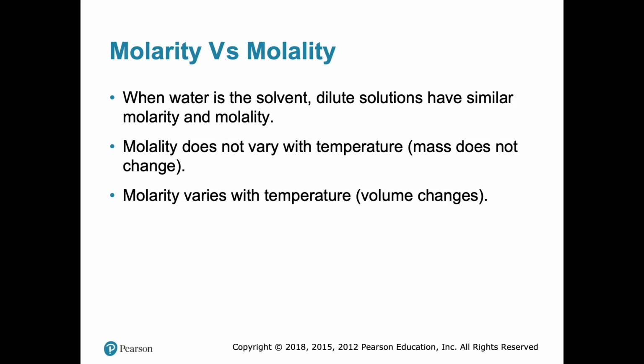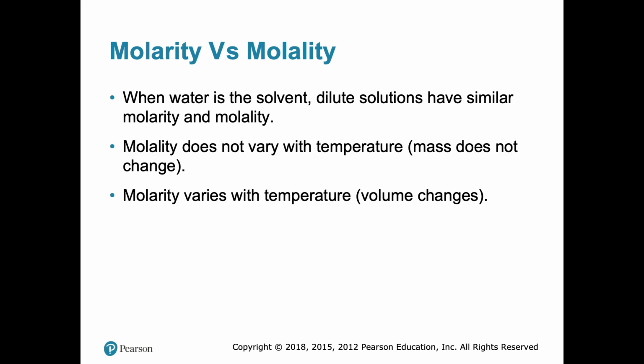No, not at all. That's why molality doesn't vary with temperature, because mass doesn't change. But molarity does vary with temperature. Why does volume change when it's a liquid and you heat it up?